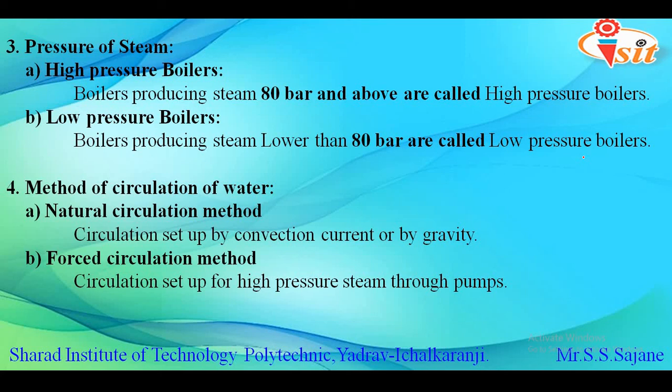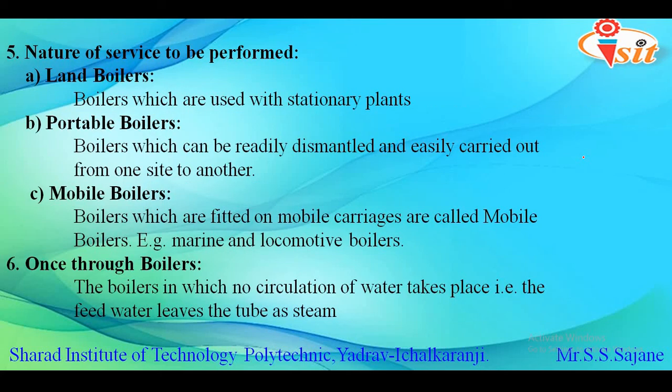The next classification is according to the nature of service to be performed, and there we have land boilers, portable boilers, and mobile boilers. The land boilers are the boilers which are used with stationary plants.